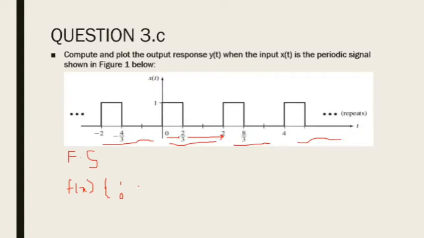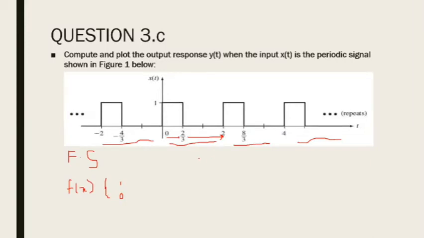So we have to make a formula, a function, from this. Then we have to use the Fourier series formula.